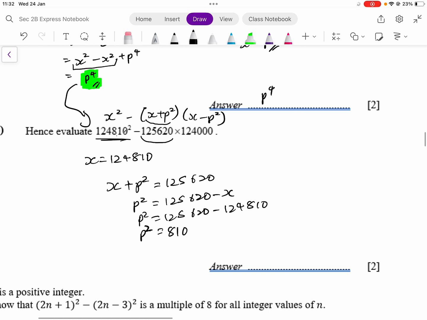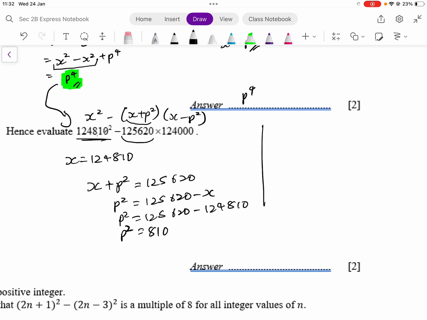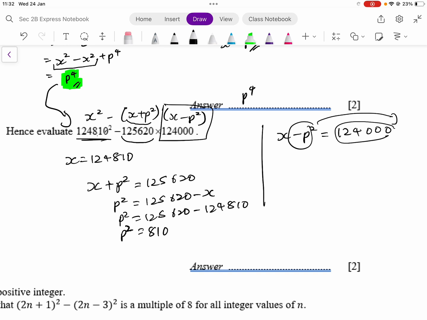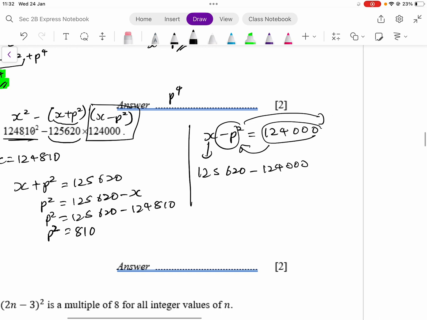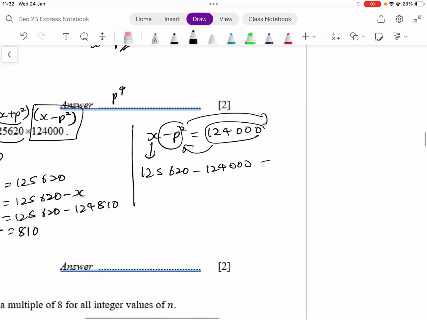Now if you want, you can do the same for the other side, which is this one. X minus p squared equals 124,000. So I bring this over to get a positive. I bring this the other side to get a negative. So I get 125,620 minus 124,000. Remember, x is 124,810 equals to p squared.